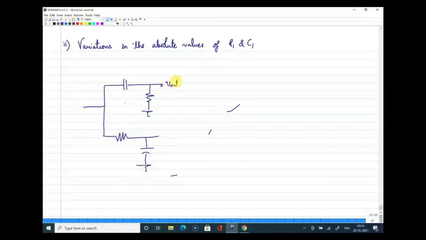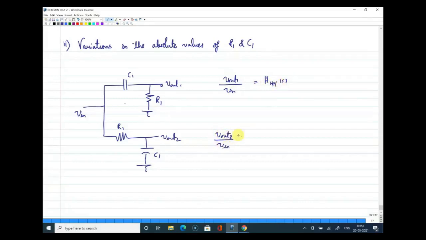So this is V out 1 and this is V out 2. This is V in, C1, R1 or R1, C1. Now if I write V out 1 with respect to V in, it is a high pass response. I think we have seen this before. Similarly, V out 2 with respect to V in will give you a low pass response.